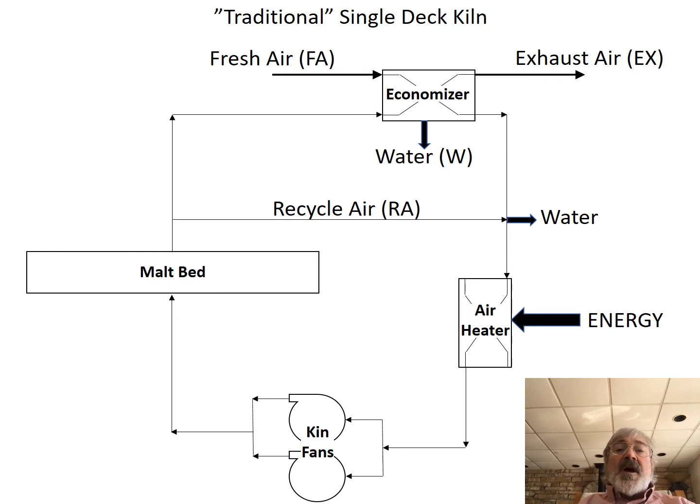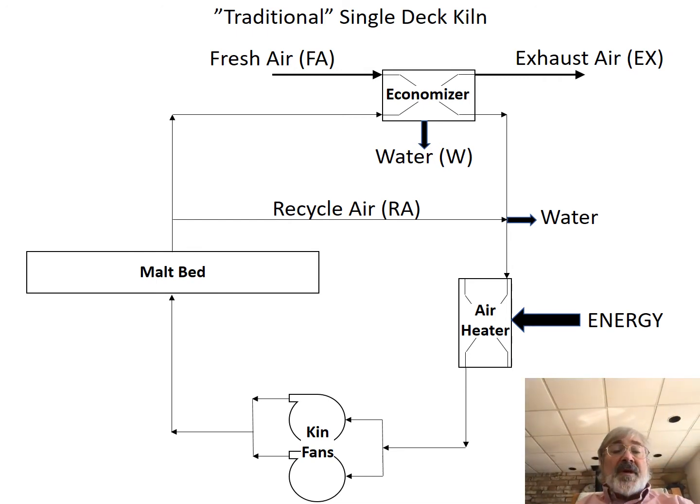It meets up with some recycled air, and at different conditions, water can fall out of the air, so water has to leave that blending operation. That blend of recycled and preheated fresh air gets fed into the heater, where we add energy to heat up the air to a set point.